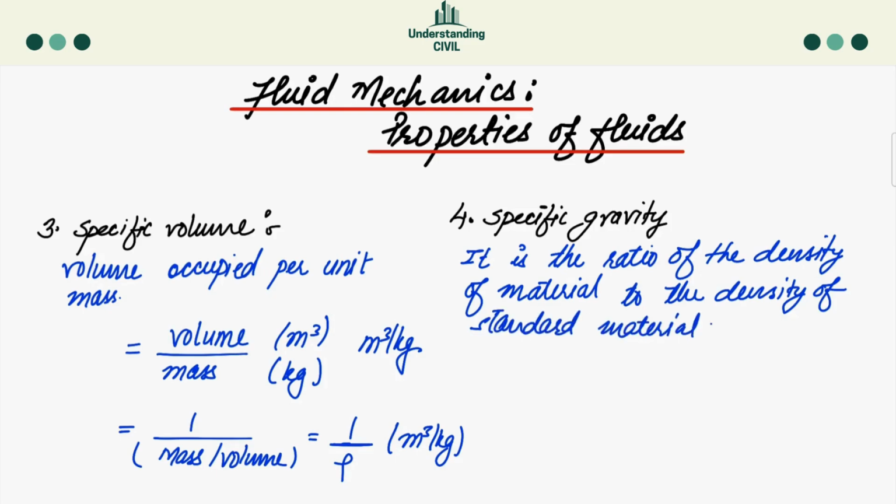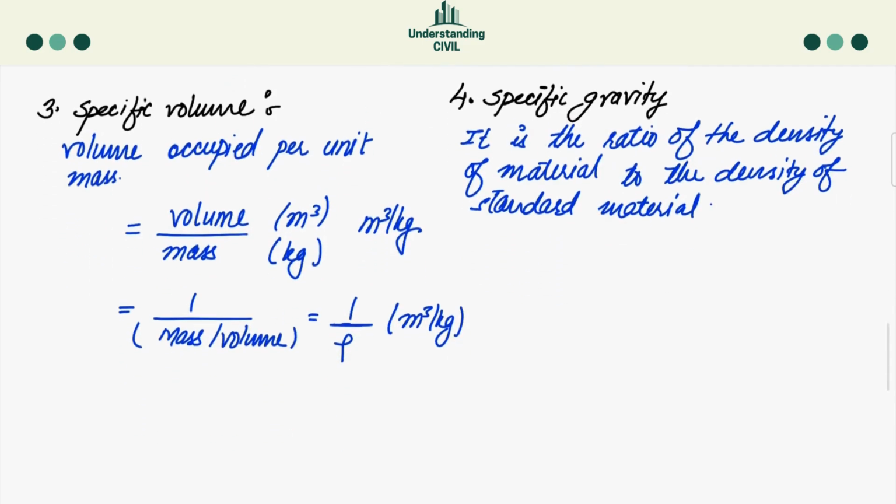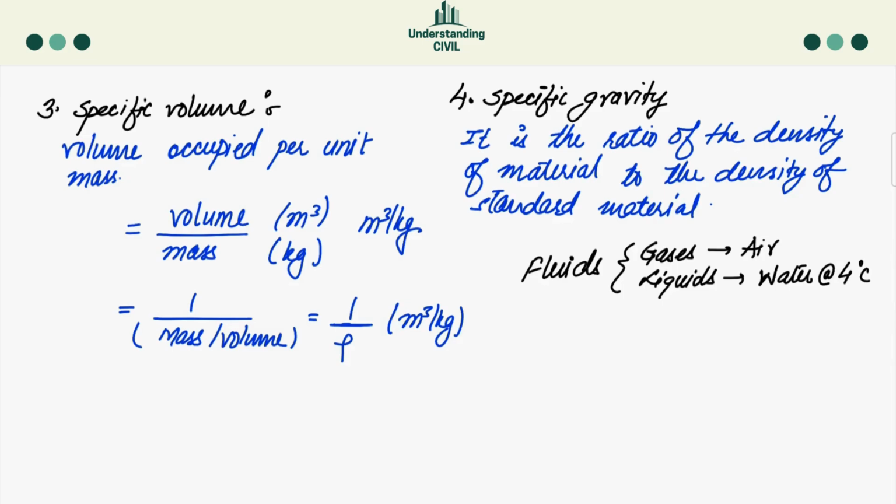Please note this definition is very generic. If we start talking about fluid, it will be the ratio of the density of the fluid considered to the density of the standard fluid. We have to be clear that when we define fluids, both gases and liquids are parts of fluid. For gases, the standard fluid is air, and for liquids, the standard liquid is water at 4 degrees centigrade.